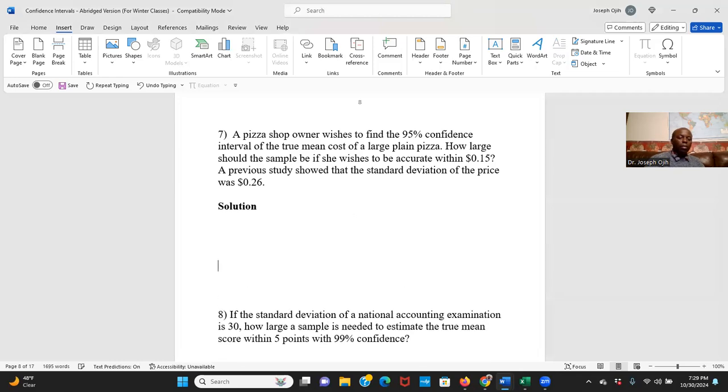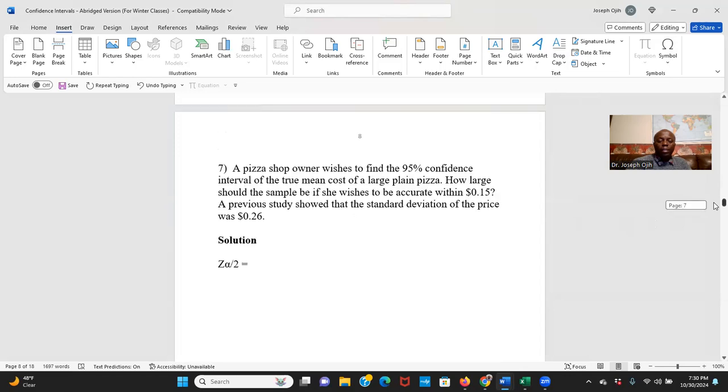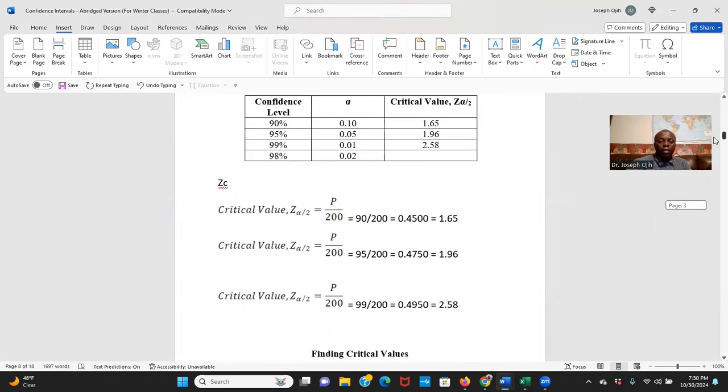First of all, let's get a critical value, Z alpha over 2. Now for 95%, we calculated it before, we have it before. So we can just go and get 95%. It's like here, 1.96. See, for 95% it is 1.96.